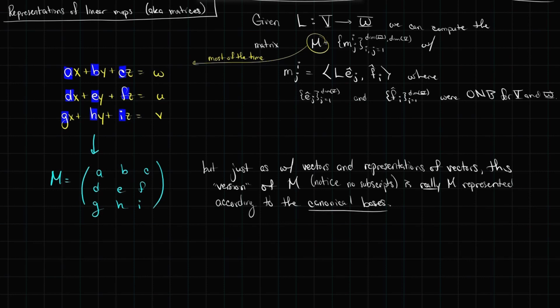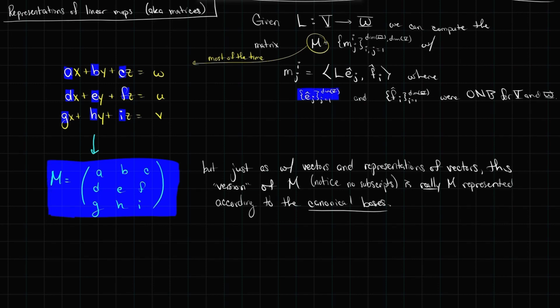So what's happened is that when we extract the coefficients to give ourselves an M, we're actually only considering the case when this e_j and this f_i were canonical. So this is specific to these two being chosen as 1, 0, 0, 0, 1, 0, 0, 0, 1. In that case, you exactly extract such an M.